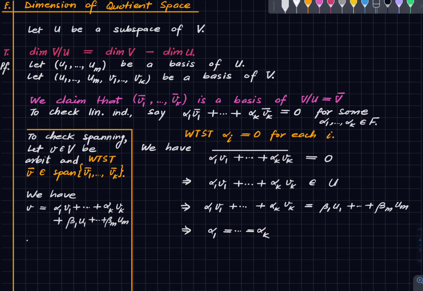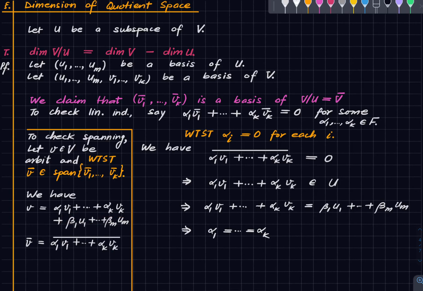Just take cosets on both sides. So we get v bar is equal to the linear combination of v1 bar up to vk bar, plus the coset of that, but this already lies in the subspace U, and hence the coset of it is 0, so there is no need to write anything.